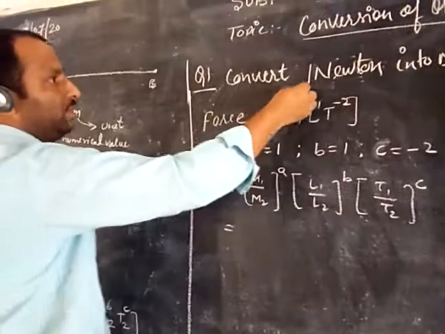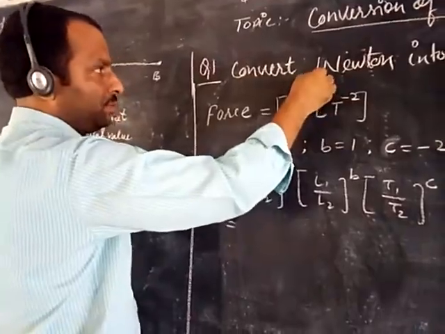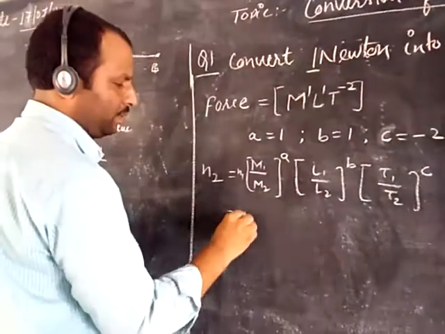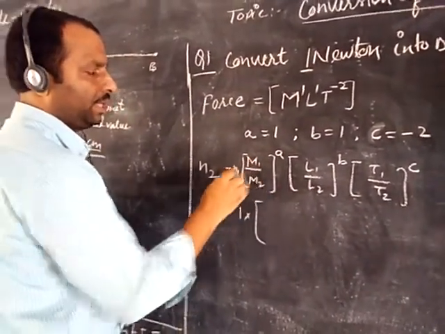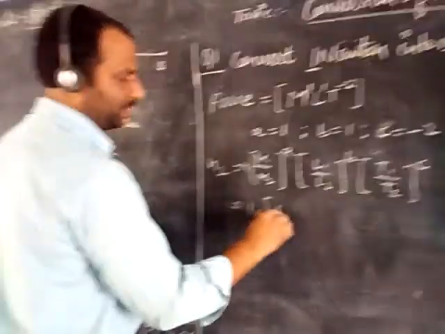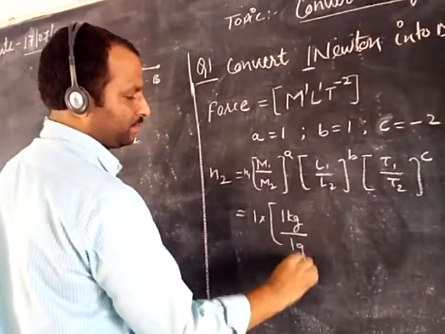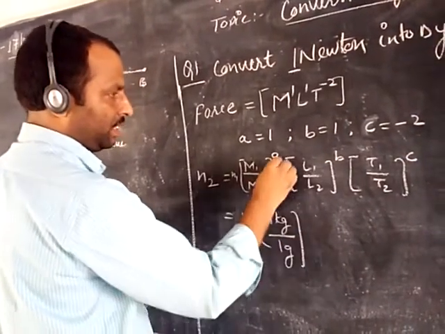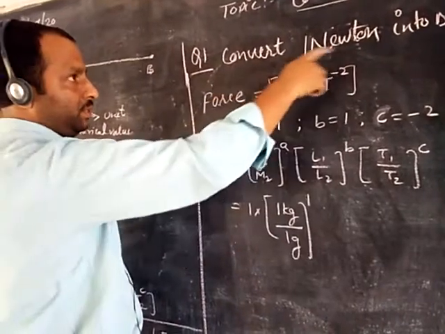We have to convert 1 Newton, so the numerical value in the SI unit is 1, into the mass in SI unit, which is 1 kg, upon the mass in CGS unit, which is 1 gram, and the value of a is 1, as calculated from the dimensions of force.